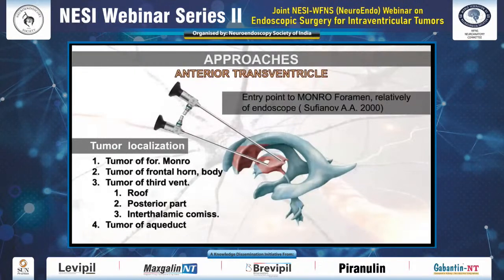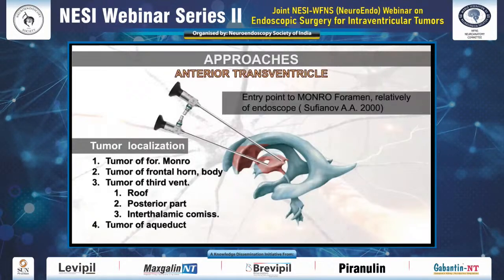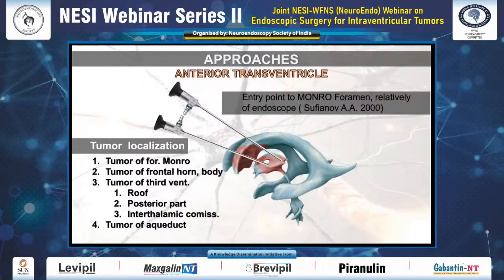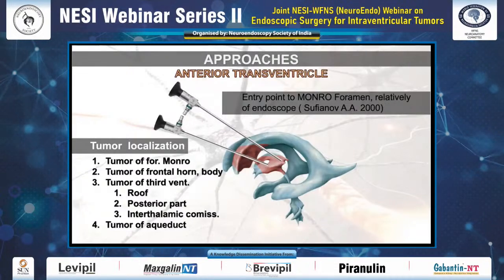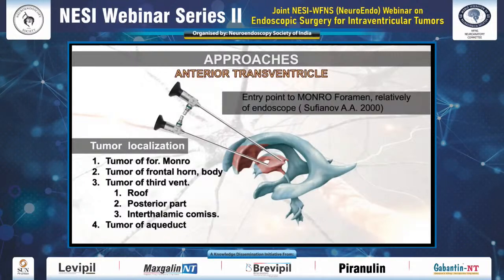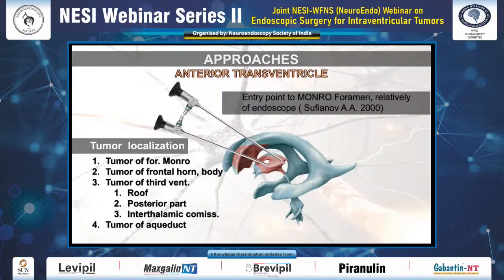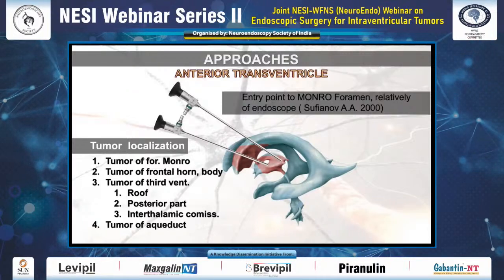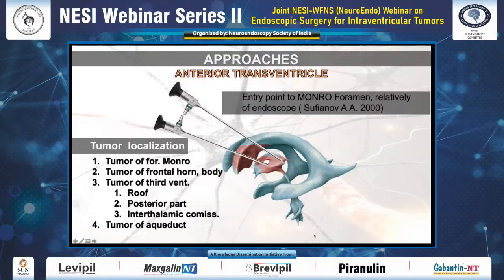I classify approaches also by the entry point, because the entry point to the foramen of Monro is very important because we have rigid bone structure. So the entry point is very important to access without any damage of the brain tissue. The main one is the anterior transventricular approach.